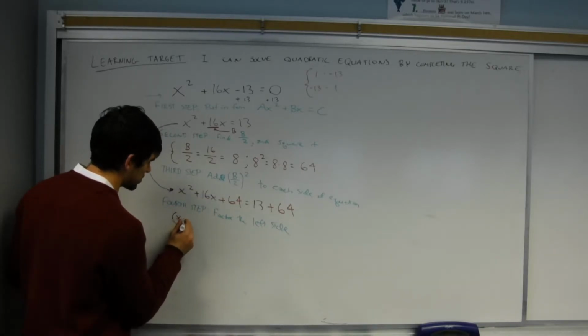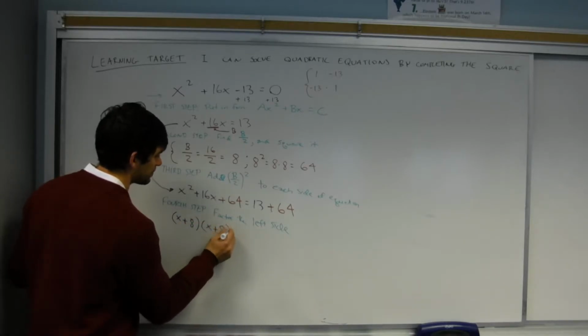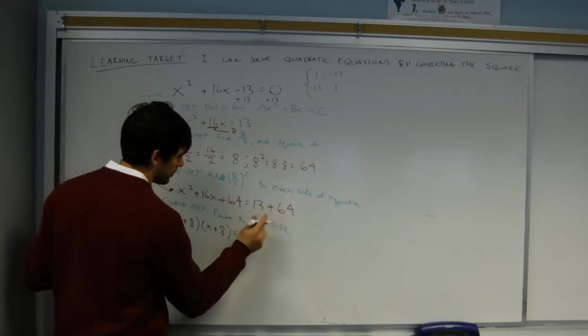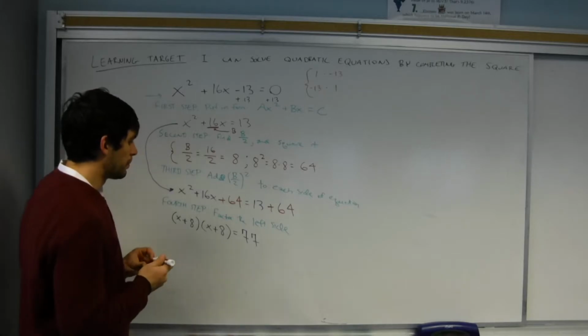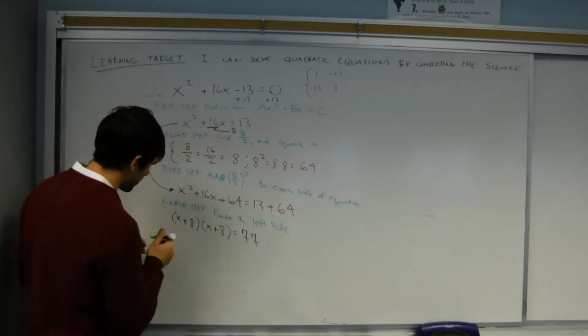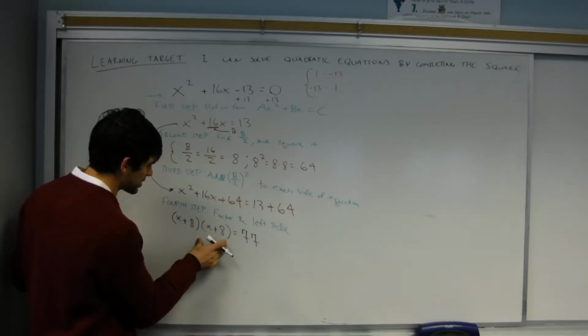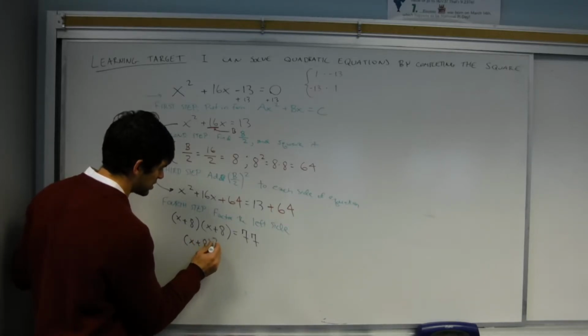So you'll get x plus 8 times x plus 8 is equal to 77. And we'll notice that x plus 8 times x plus 8 is equal to x plus 8 squared.